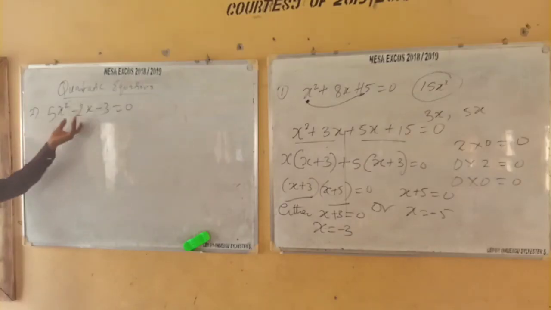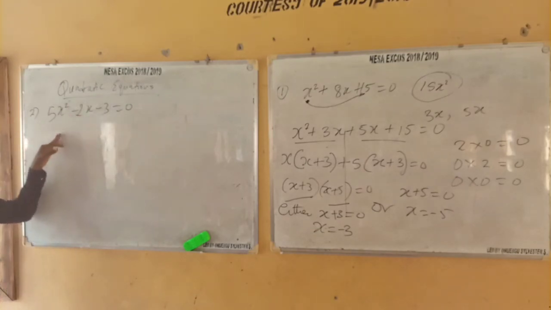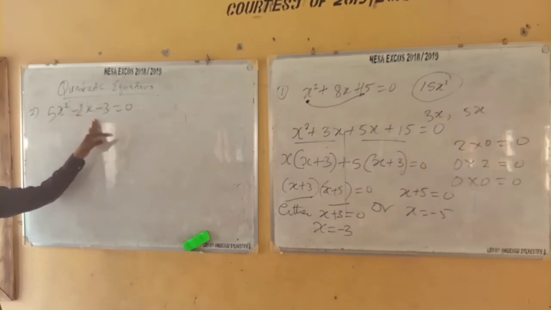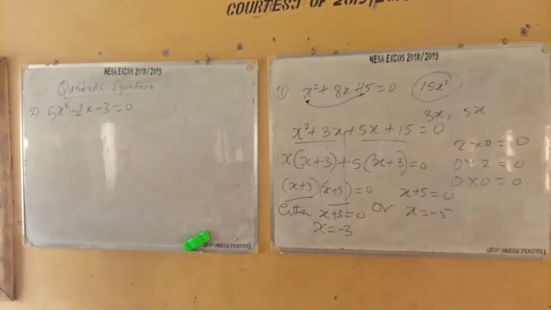If you're able to get to this level, you now know that in the factorization method you can solve anything. So you have 5x squared minus 2x minus 3 equals 0. As usual, you multiply the leading coefficient by the constant.